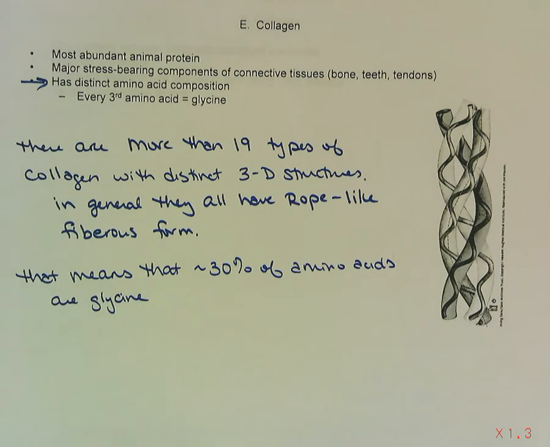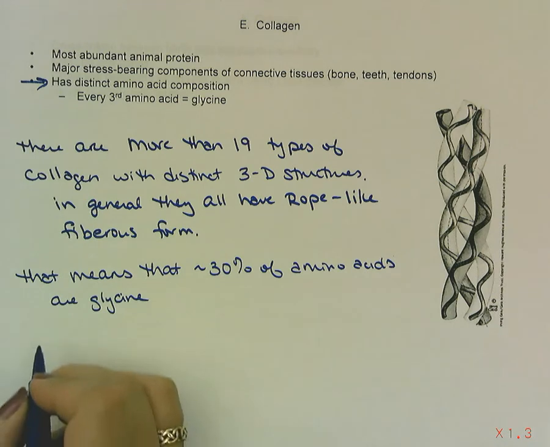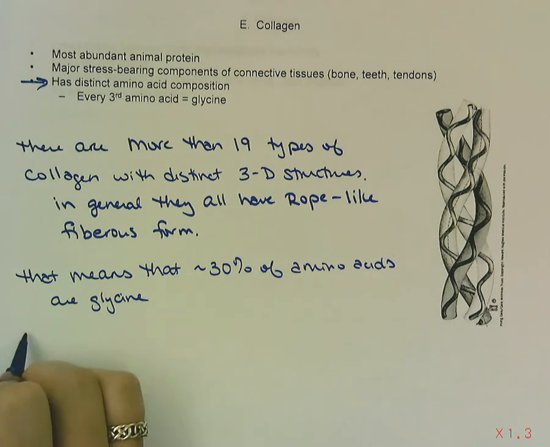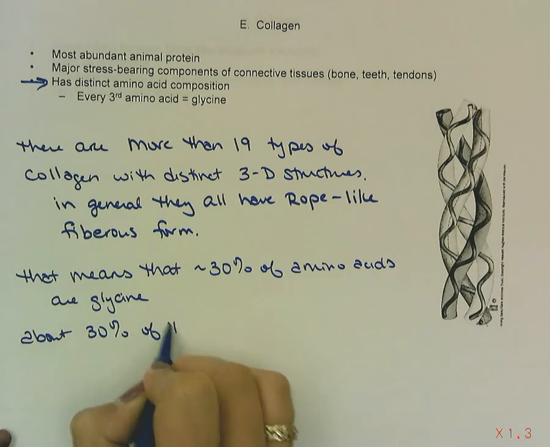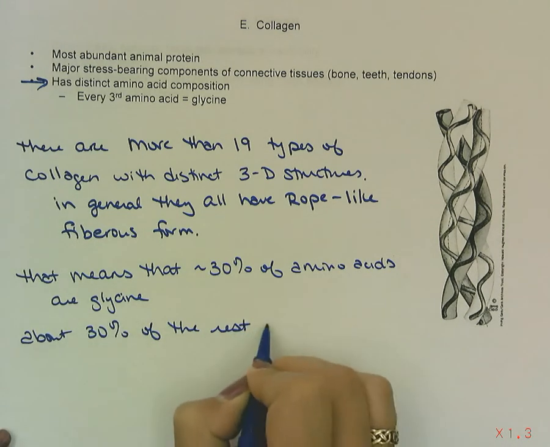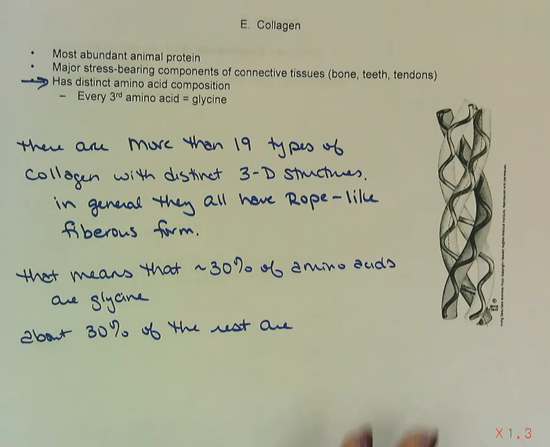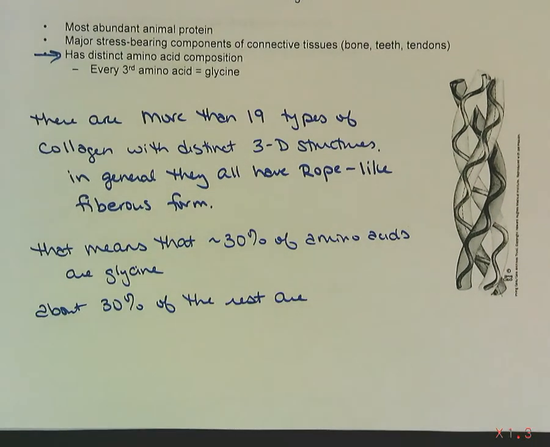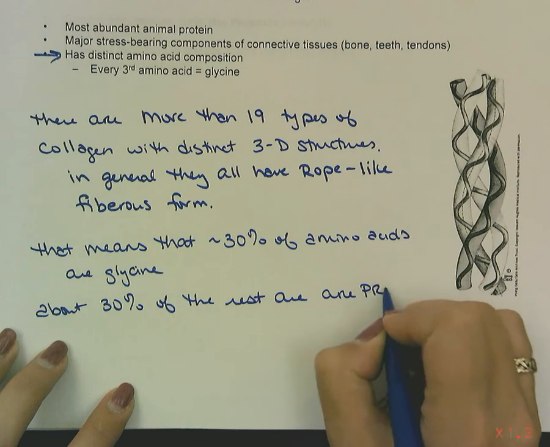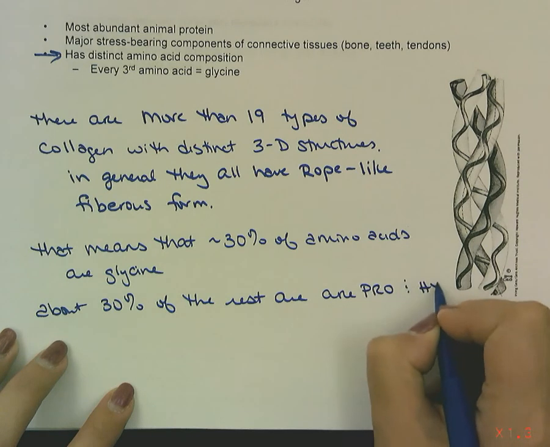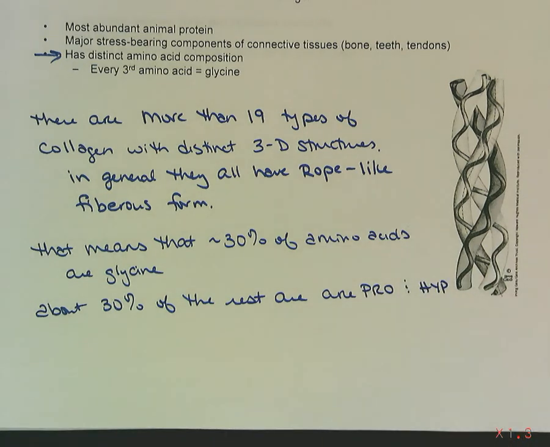So about 30% are going to be glycines. About 30% of the rest of the structure, so we're going to account for about 60% of our structure, are either proline and or hydroxyproline.